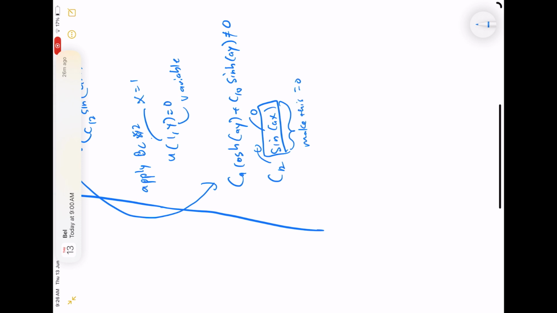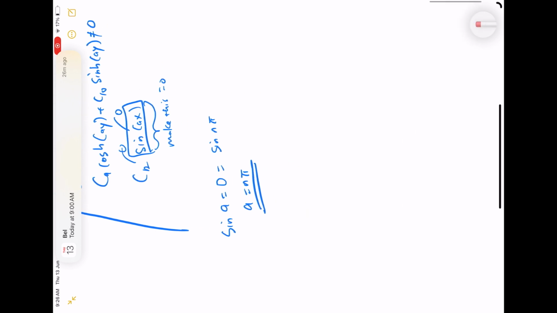So our x is 1 now, sin a equal to 0. Also sin n pi is equal to 0. So a is equal to n pi. So we have the value of a now. n is the variable, you know that.